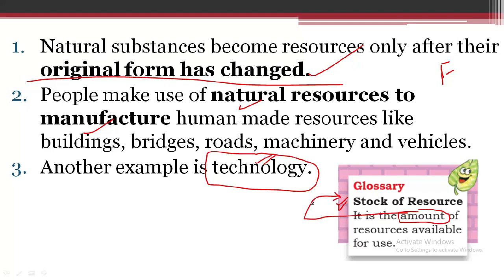For example, it was a period of lockdown and most of you might not have your stationery properly. By stationery I intend to mean notebooks of the school. So if you did not have your notebooks in proper amount, it meant what? It meant that you do not have a proper stock of your resource.